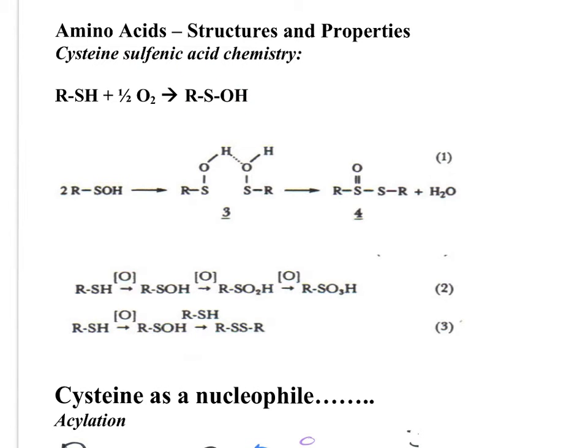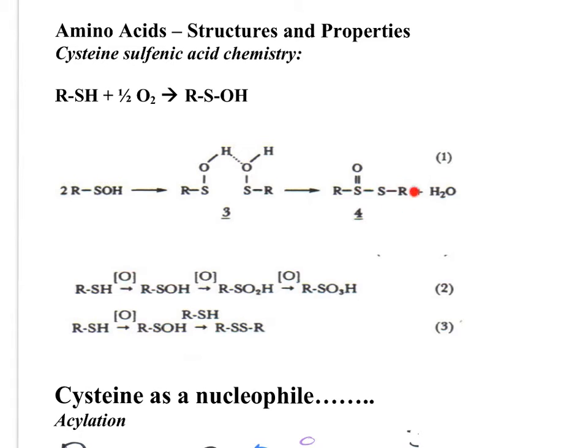Now the sulfenic acid can go on and do several different things, and here's just a few of them. In one case you can get two sulfenic acids to react with each other, and you get the formation of an S double bond O. We'd call that a sulfoxide, and that could be in a disulfide linkage.